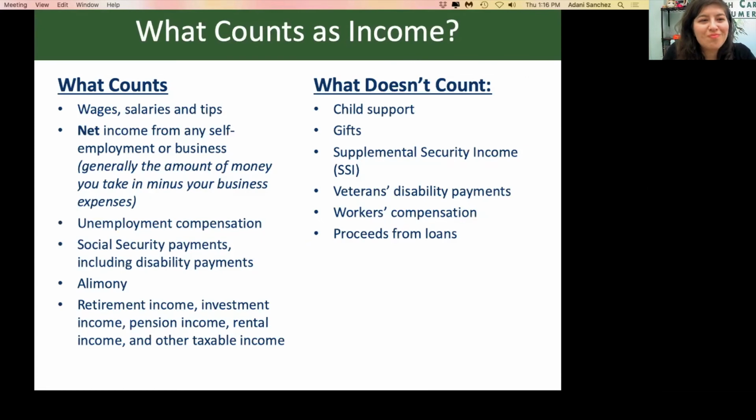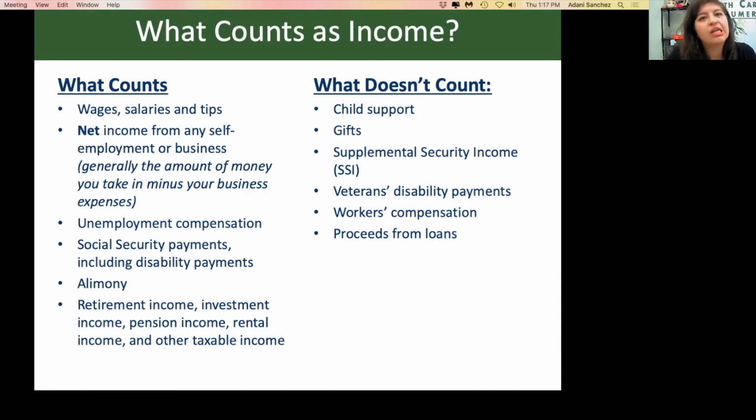And when you're on the marketplace, you do have to enter what your income is. What they're counting as income is wages from a job, salaries, tips, any kind of income from a job, net income from self-employment or business. Generally, it's the amount of money that you take in minus your business expenses.